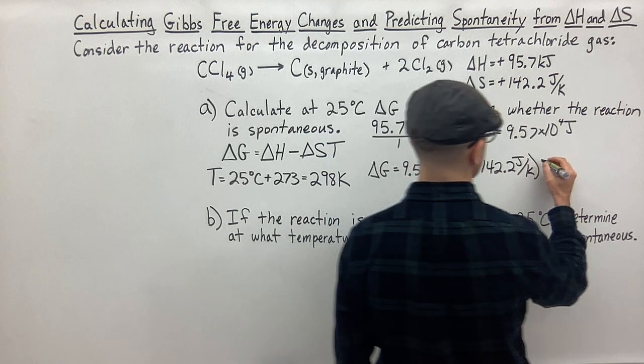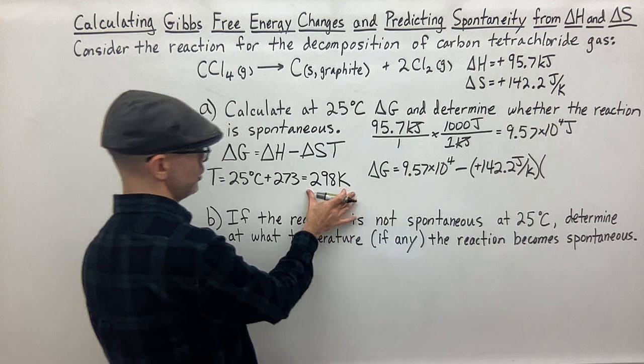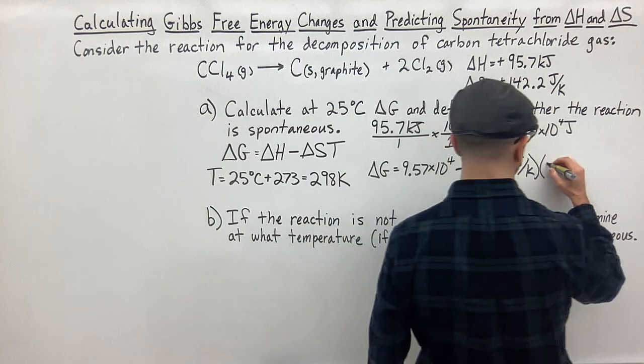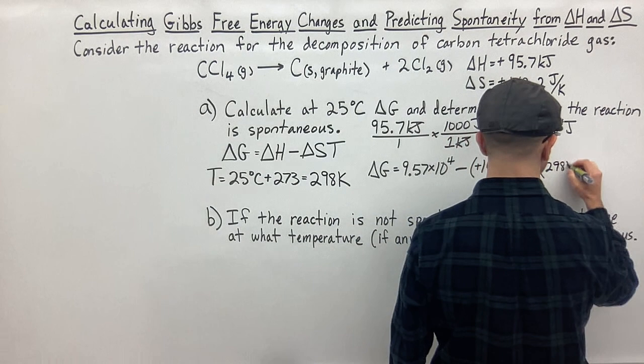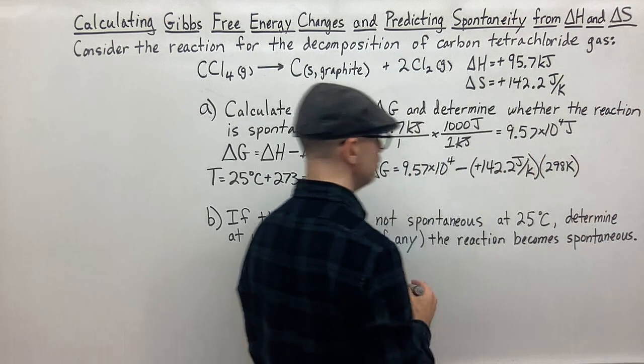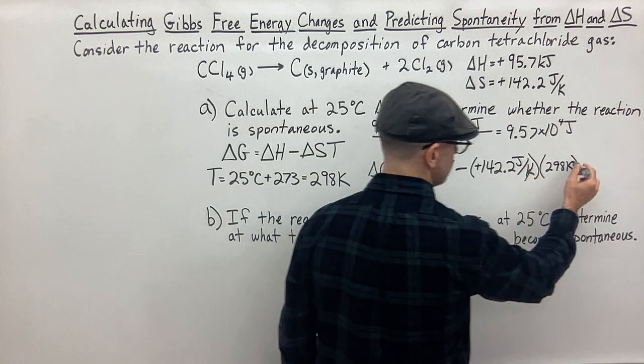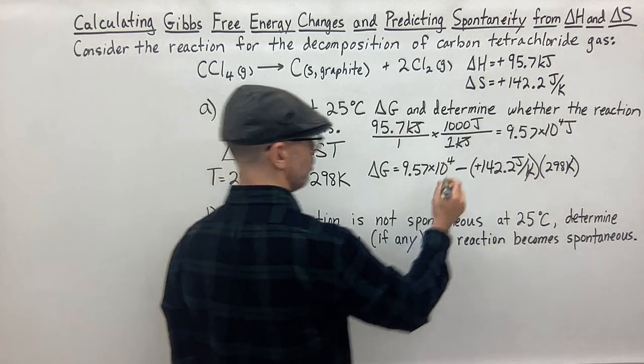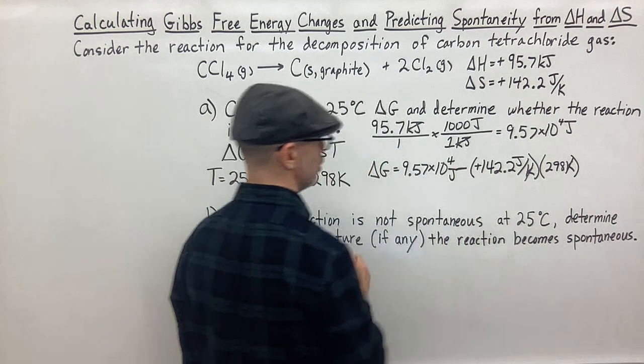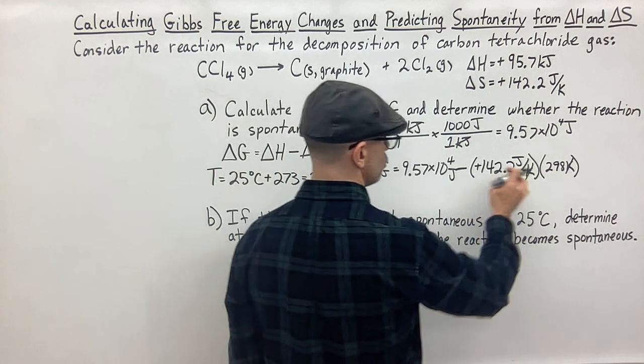And that's going to be multiplied by our temperature in Kelvin, which we have 298 Kelvin. So the Kelvin cancels out. Oops, I forgot joules. We can't forget our units. So I have joules here, joules here.